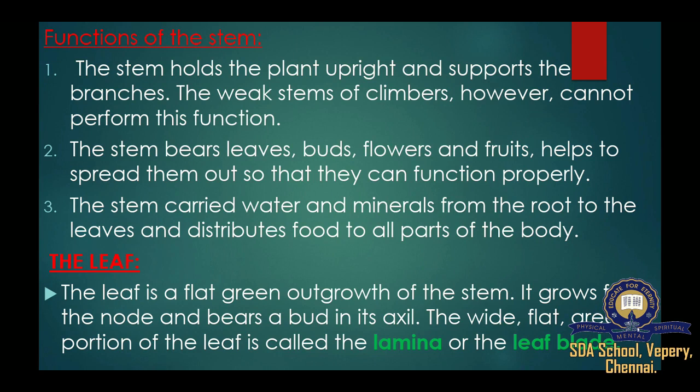For example, it helps to spread out the leaves in such a way that they get the maximum possible sunlight and air. Stems carry water and minerals from the roots to the leaves and distribute food to all parts of the plant.